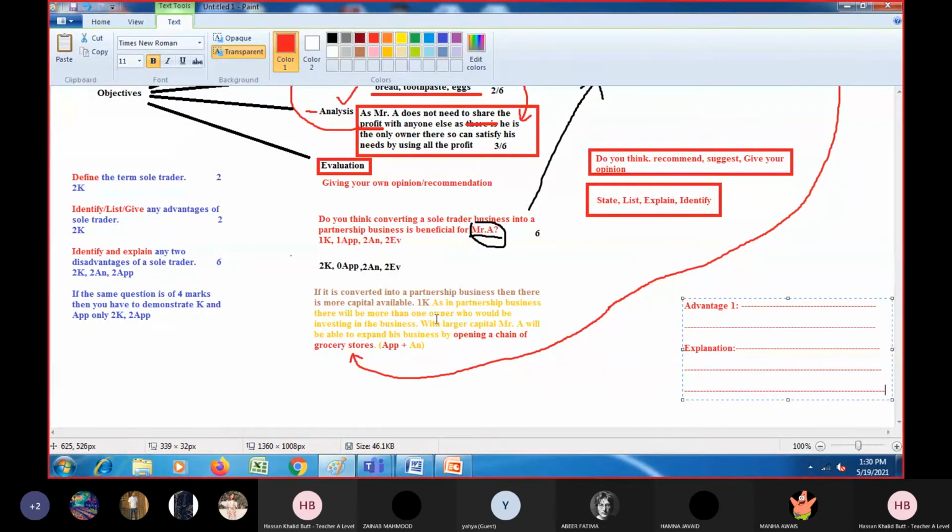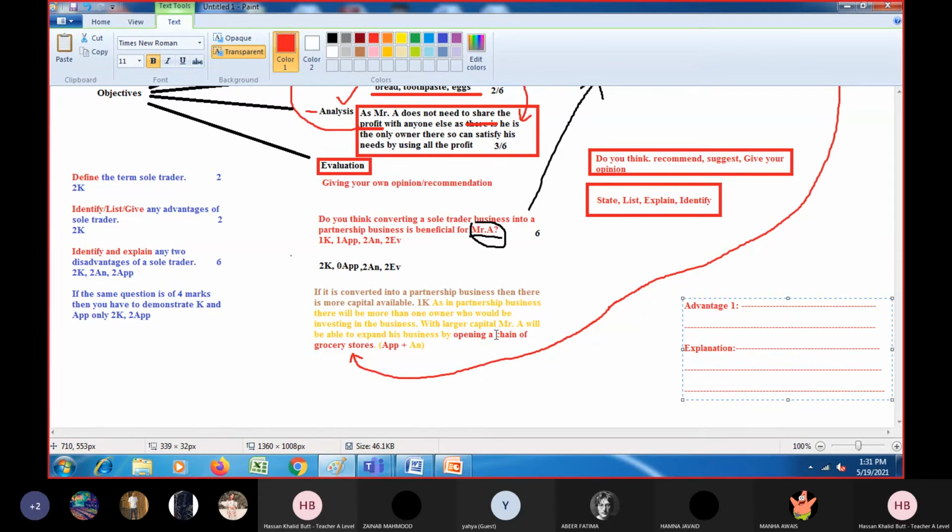Now you can see that I mentioned knowledge first and then I developed it. So I demonstrated analysis as well. Then I used the context as well, so I actually used application as well. So this is one point. Let me read it. If it is converted into a partnership business, then there is more capital available, as in a partnership business there will be more than one owner who would be investing in the business.